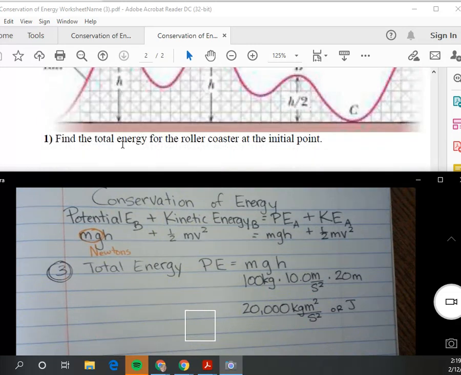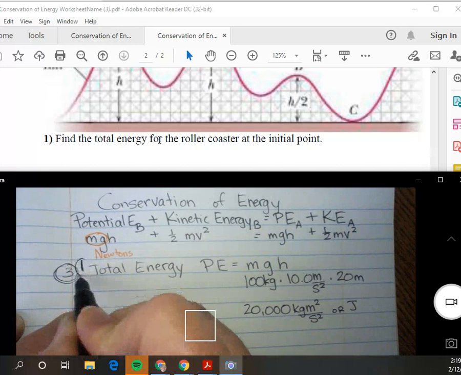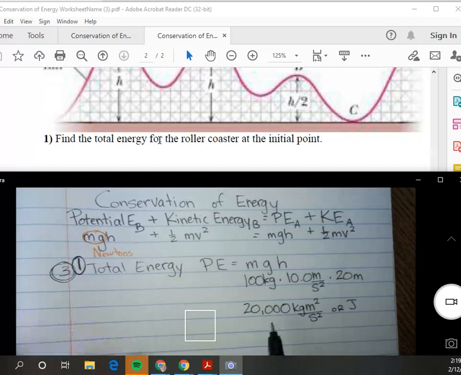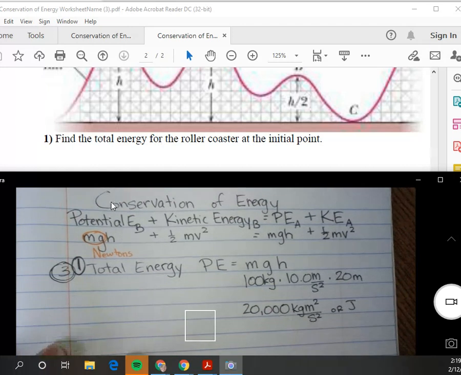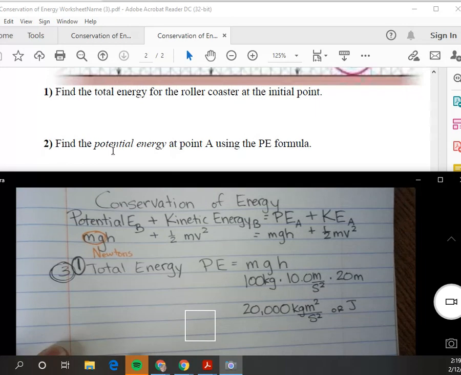It said, find the total energy. That's our first total energy. Then it says find the potential energy at point A using the PE formula. That is exactly what we just did. What did you get?